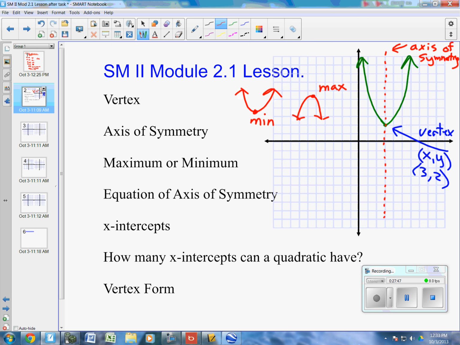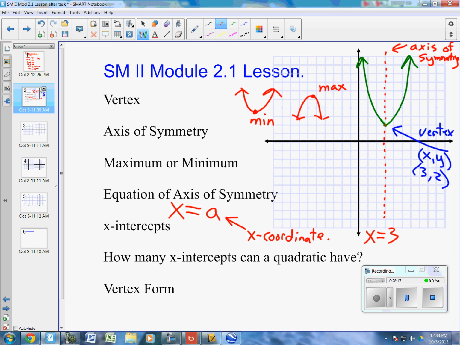It's going to be x equals 3 in this case. And so it's always going to be x equals a, where a represents the x coordinate. Okay?